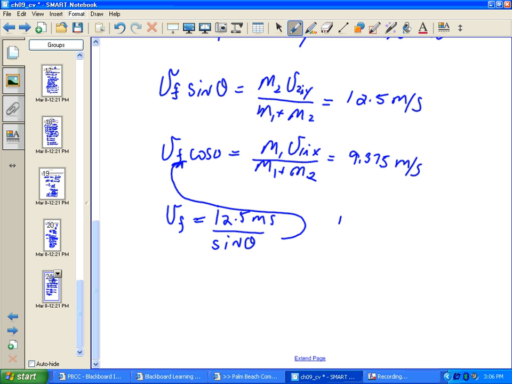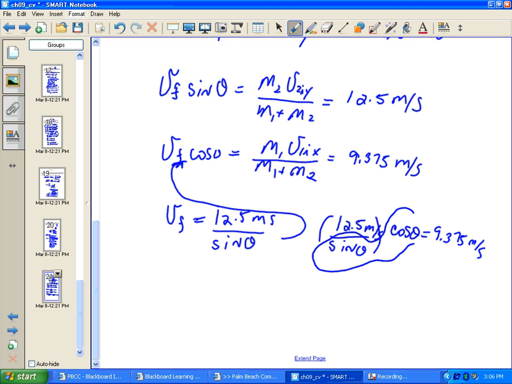So VF is 12.5 meters per second over sine theta, and here we have cosine theta, and this whole thing equals 9.375 meters per second. And guess what? This is cotangent of theta.